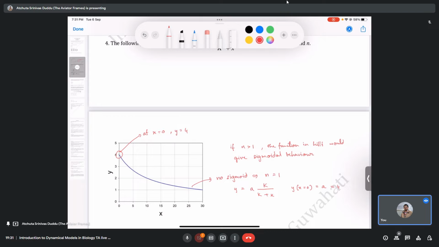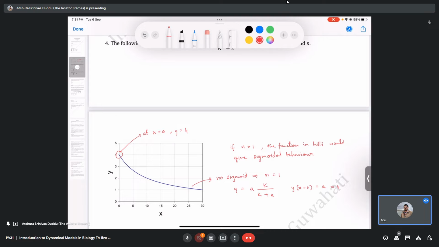So for that, k is when it's kind of half saturated, right?